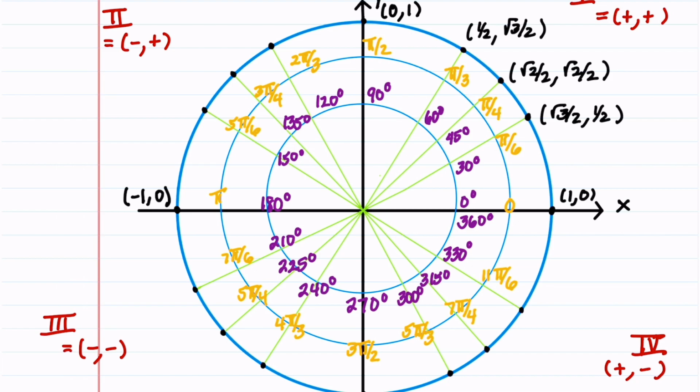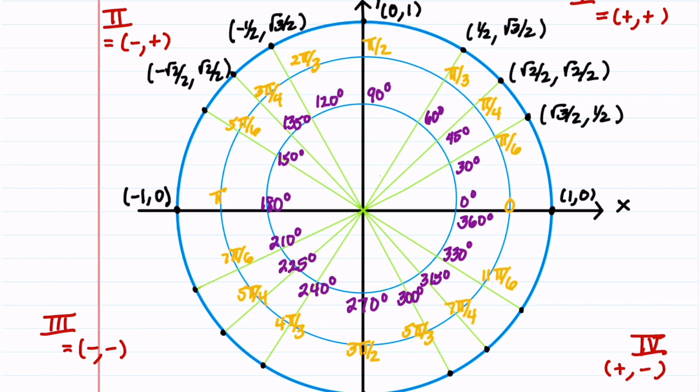Now, when we write the ones in the other coordinates, we just have to remember that just the sign changes. Okay, so we come directly across. So this next point, our x value is going to change. So we have a -1/2, root 3 over 2. See, the y value stays the same. And then we have a minus root 2 over 2, root 2 over 2.